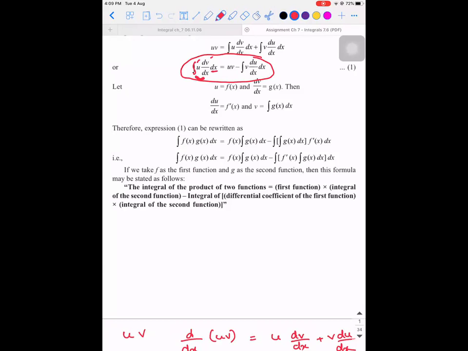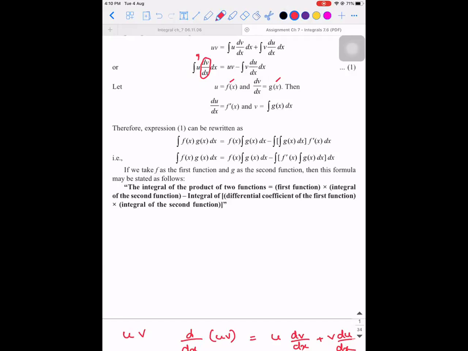Minus the integral of v into du by dx, with respect to x. So if I take u as f of x, dv by dx is going to be g of x.